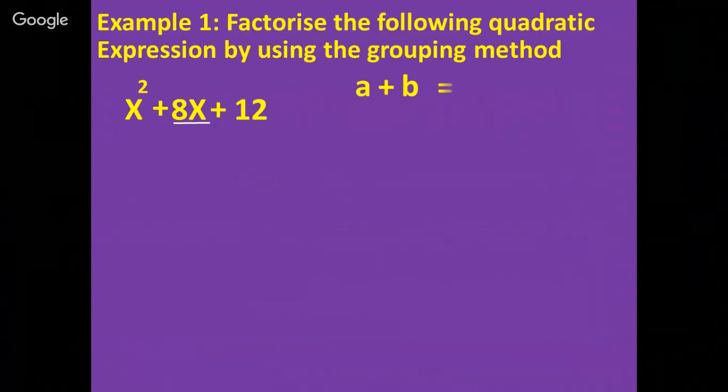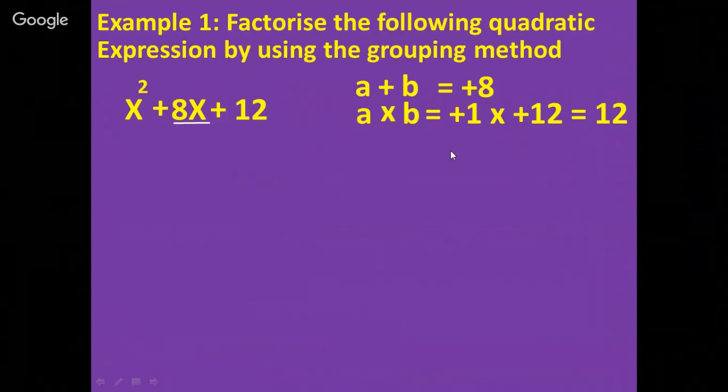Then a plus b must be equal to plus 8, the coefficient of x. And the product must be equal to the coefficient of x squared, which is 1, multiplied by the constant term plus 12, which is 12.